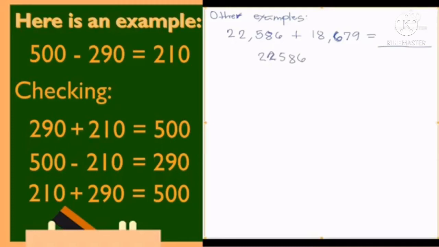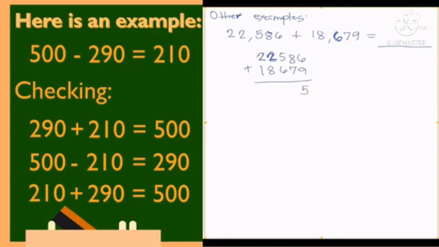So I will write the two numbers. 22,586. Sorry for this number, I know it's ugly. And then 18,679. What is 6 plus 9? 6 plus 9 is 15.